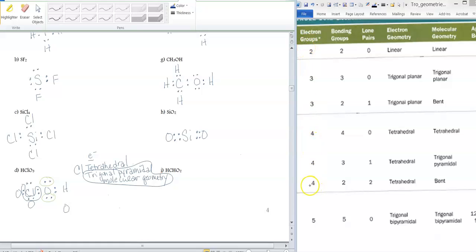And so we're still in the 4s, but it has 2 bonding groups and 2 lone pairs. So oxygen's electron geometry is going to be the same as chlorine's. But because it has a different number of lone pairs, the molecular geometry will be different.